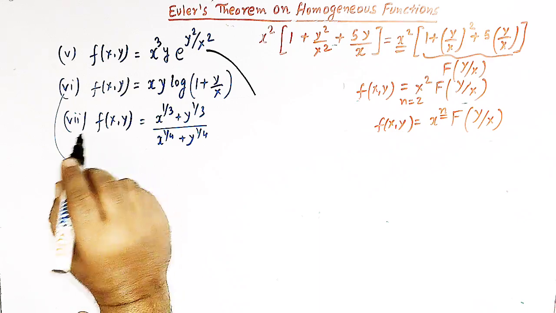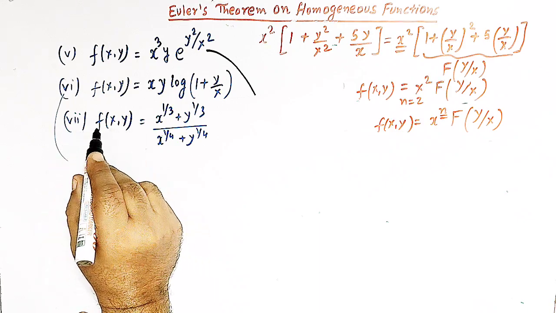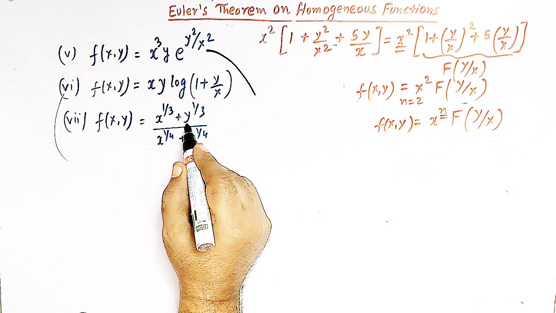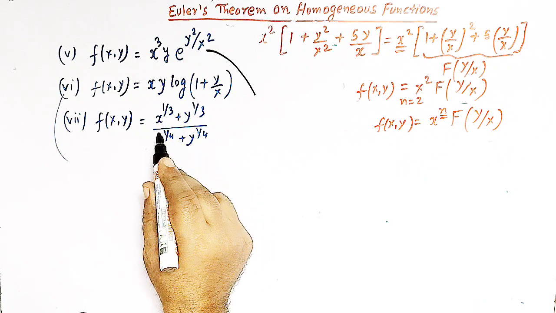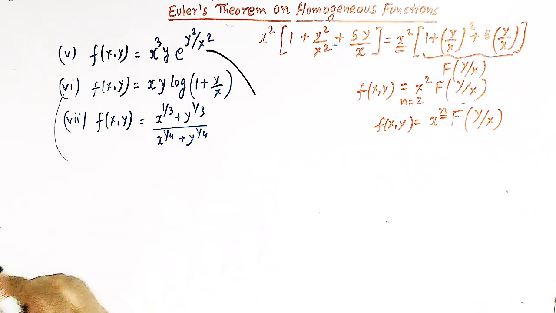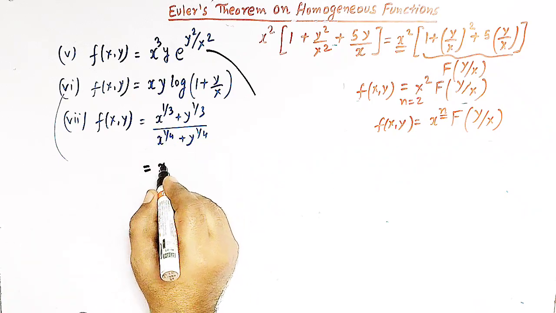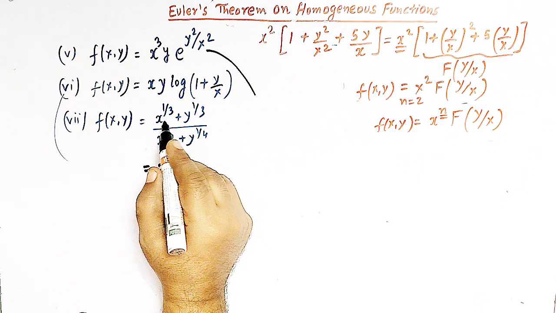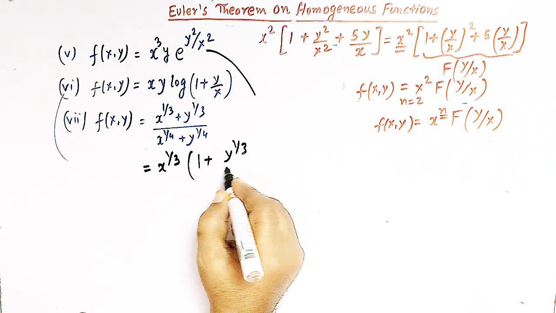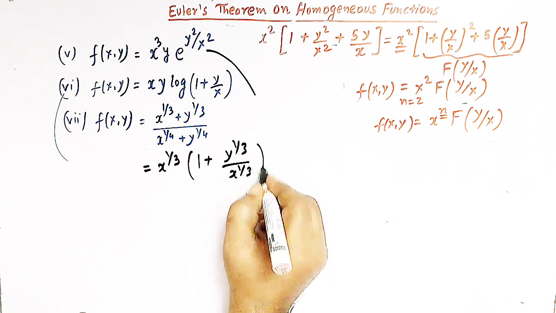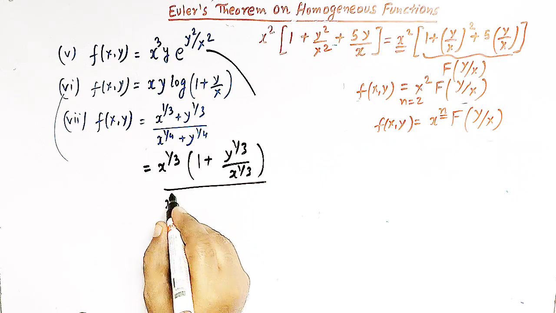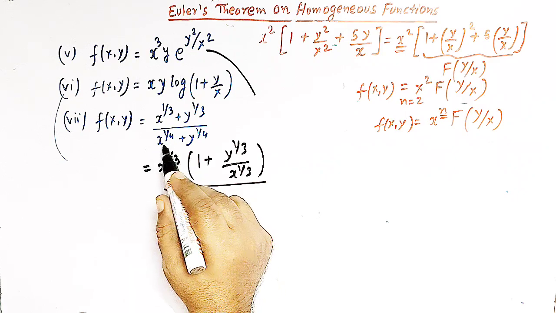So now let us consider this last example. F of x comma y is equal to x raised to 1 over 3 plus y raised to 1 over 3, and here we have x raised to 1 over 4 plus y raised to 1 over 4. So let us take x raised to 1 over 3 common in the numerator. We have 1 plus y raised to 1 by 3 and x raised to 1 by 3, and here we can take x raised to 1 by 4 common in the denominator.